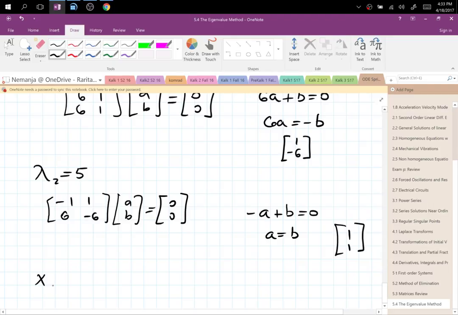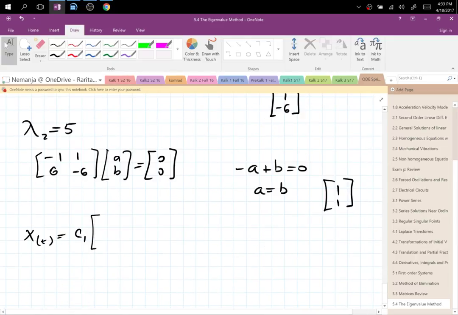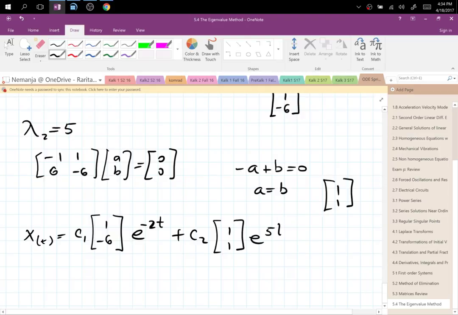And the overall answer x is immediately C1 times the vector for this one, which was 1, negative 6, e to the negative 2t, plus C2 times the eigenvector 1, 1, e to 5t.